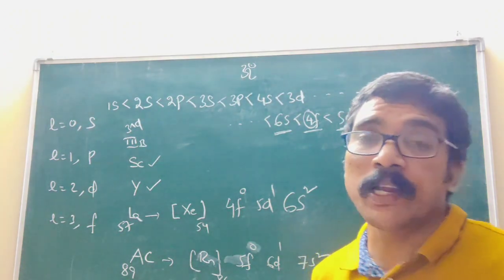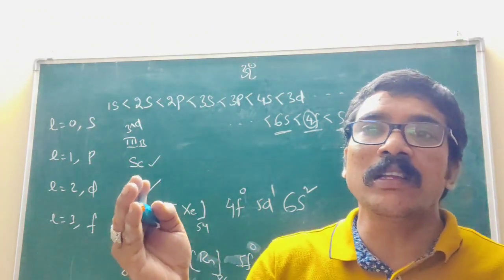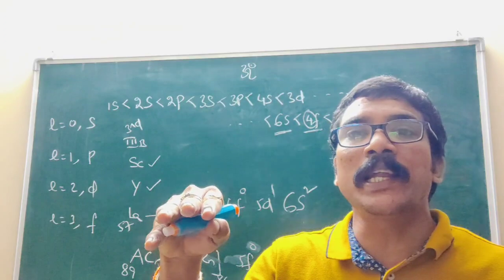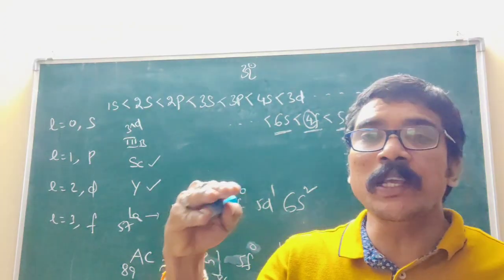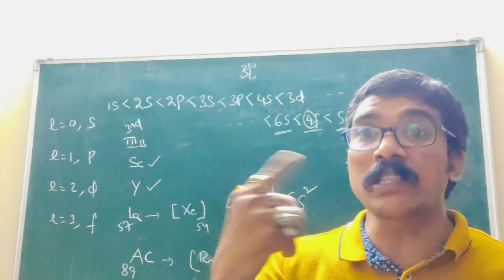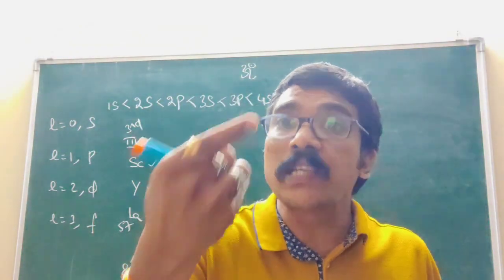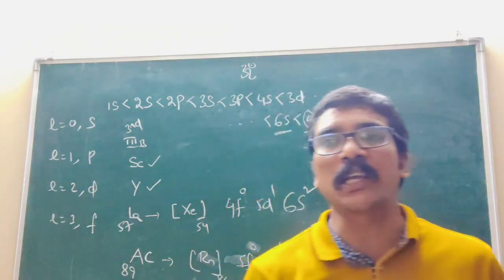I already explained that. The last shell electron is not the point. The last entering electron is the important point. The last entering electron is called the differentiating electron.